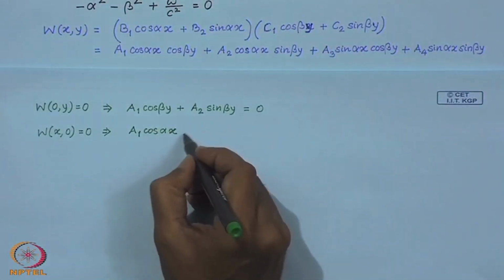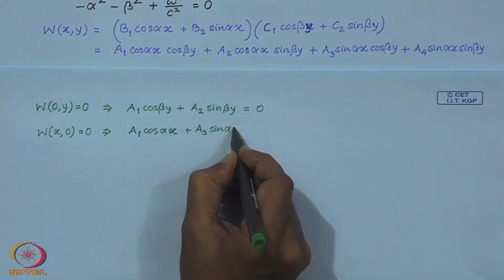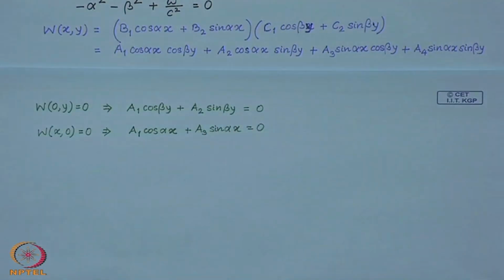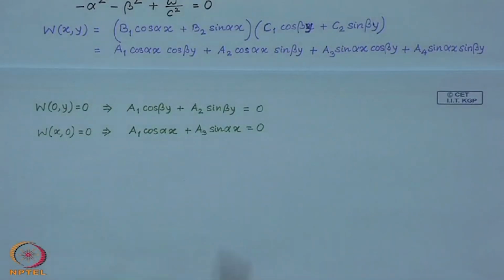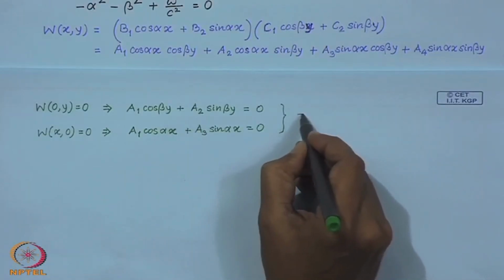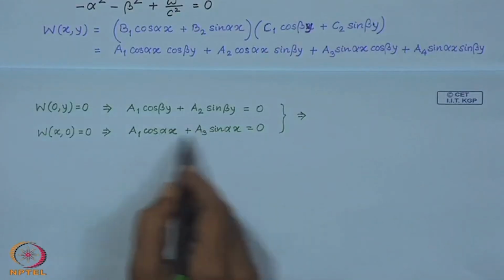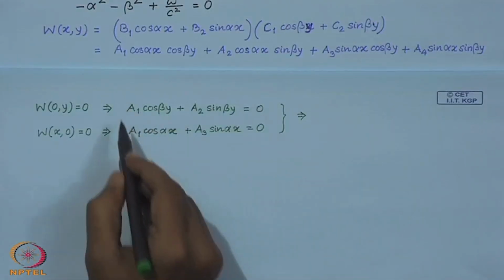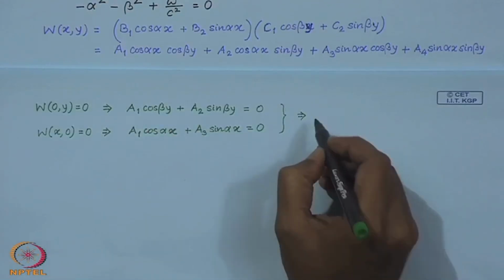So, these are the two conditions I obtained from these two boundary conditions. Now, it is very easy to see that these two boundary conditions imply, for all y and all x, so for all y this condition should be true, which immediately tells us that A1 and A2 must be 0.